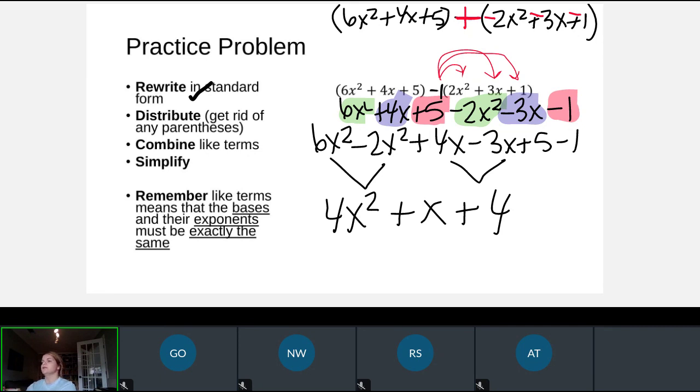The only reason we technically multiply the second set is because sometimes with this minus sign, people will do 6x squared minus 2x, but then they forget that they're still subtracting. So they just look at 4x plus 3x, but it's 4x minus the positive 3x. So by using this distributive property, we are able to rewrite it so that we don't forget that we're subtracting every term.